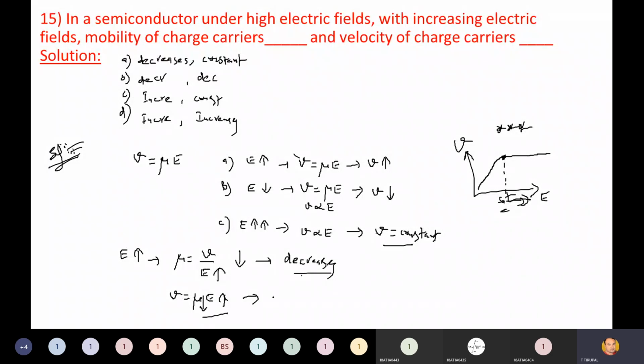So velocity is constant. So the answer is decreases and constant, option A. Mobility of charge carriers decreases and velocity of charge carriers is constant.